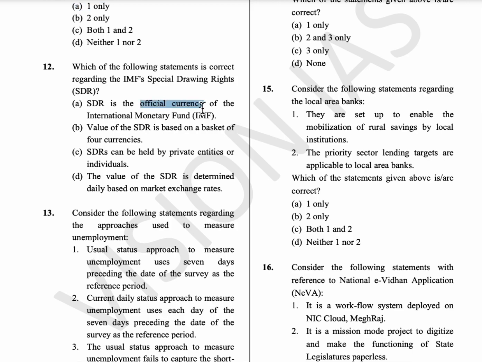It has 5 currencies. So first statement is wrong. Coming to second statement, value of SDR is based on the basket of 4 currencies. No, it has 5 currencies, not 4 currencies. And those 5 currencies are dollar, euro, renminbi, yen and British pound sterling. So option B is also wrong.